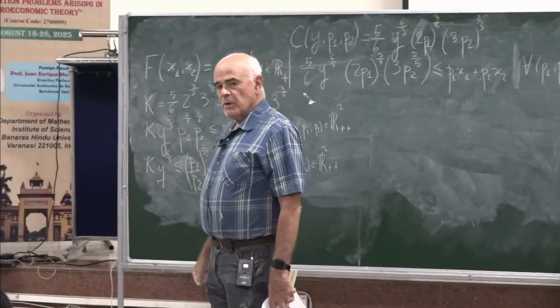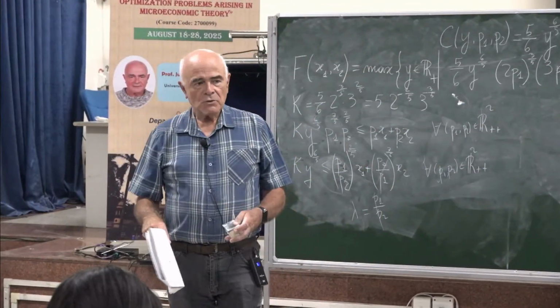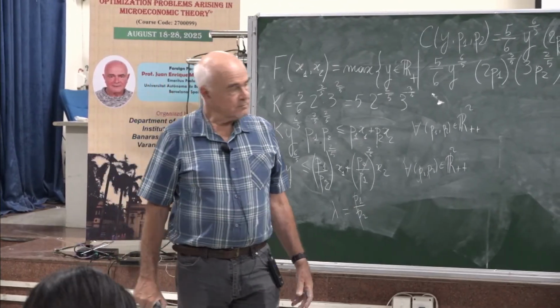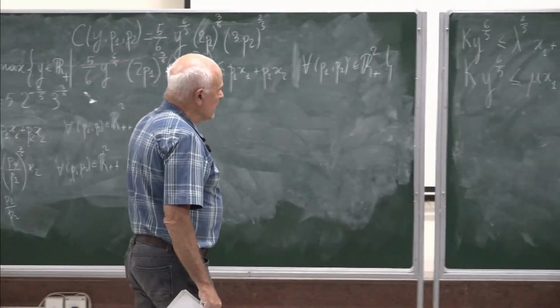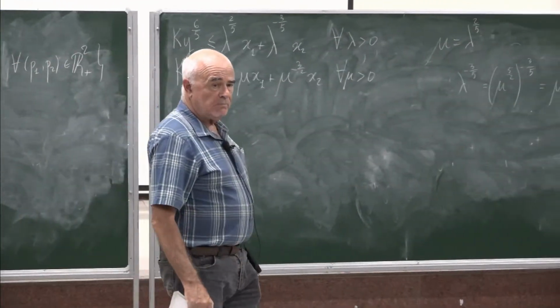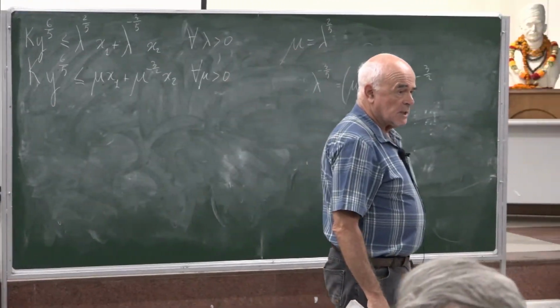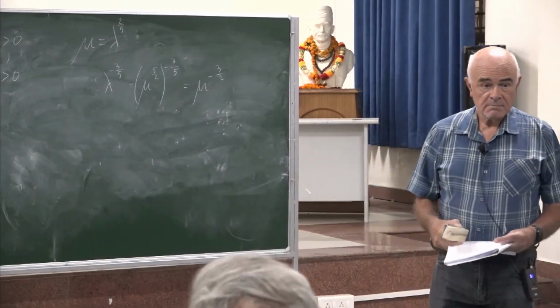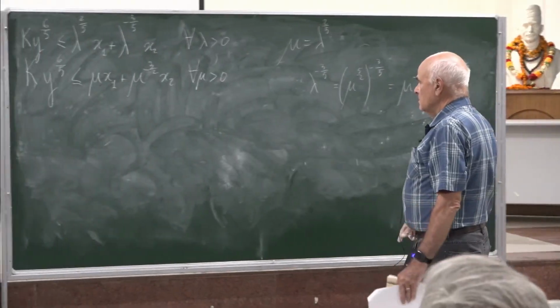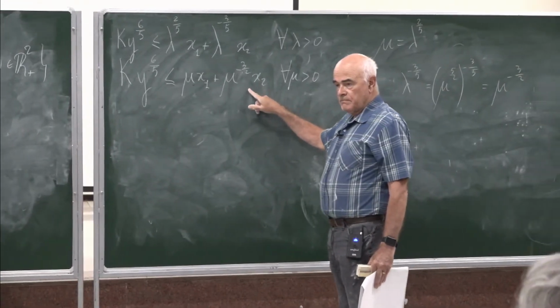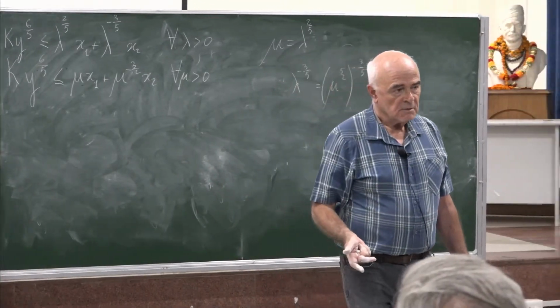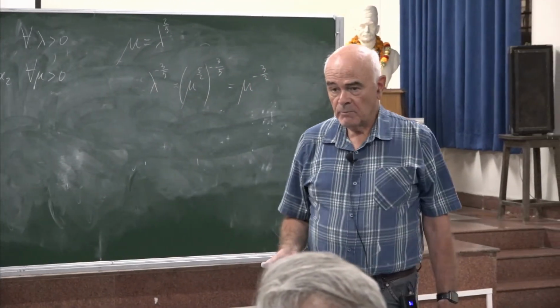Now we have it ready to minimize the right-hand side with respect to mu. And this is a nice minimization problem because the right-hand side, as a function of mu, is convex. Okay? The second derivative is positive. So if I apply Fermat rule, then I will have a global minimum.